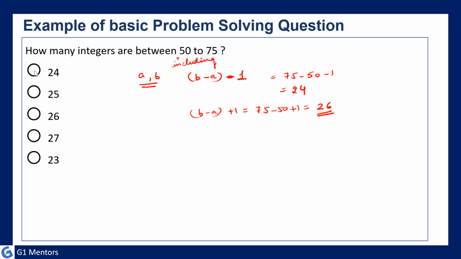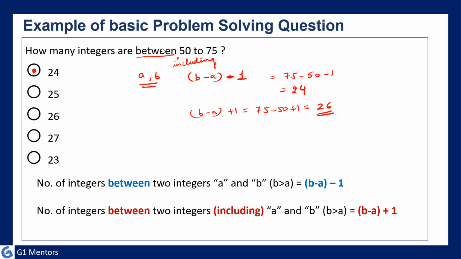So the answer to this question is 24, because it asks for how many integers are between. So just to summarize, the number of integers between two integers a and b, where b is greater than a, is equal to b minus a minus 1, and the number of integers between two integers including a and b, where b is greater than a, is b minus a plus 1.